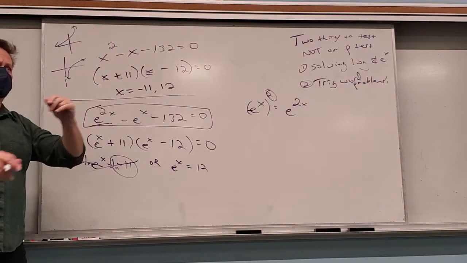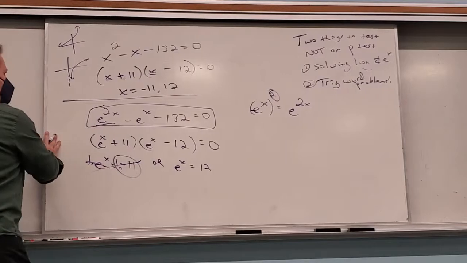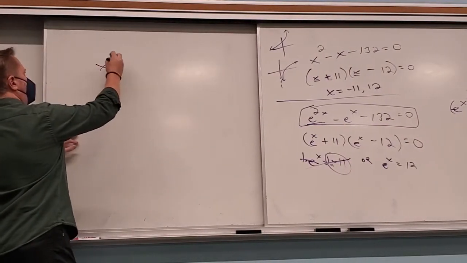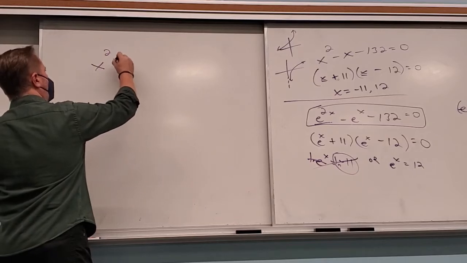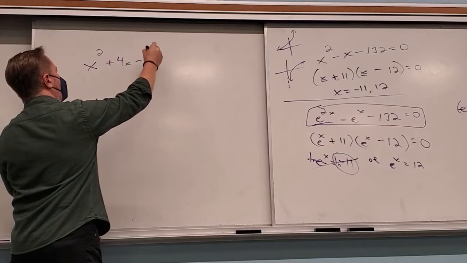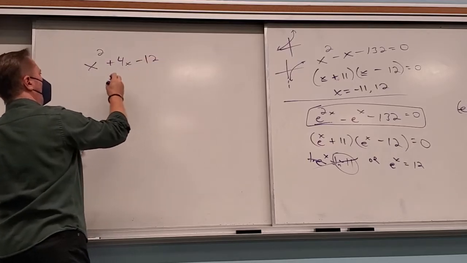So real quick, just to go on that. I'm pretty sure this is something we looked at before. So real quick, what's x squared plus 4x minus 12? How do you factor that?